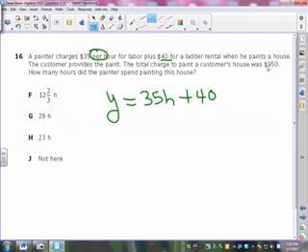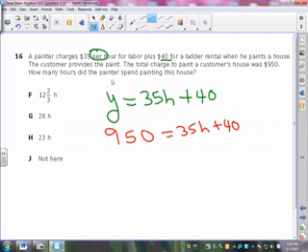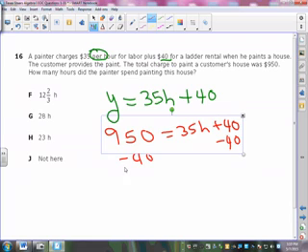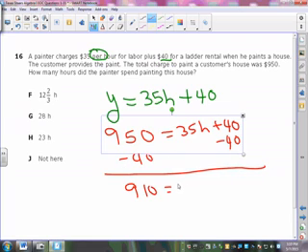The total charge to paint this house was $950. The question is, how many hours did the painter spend painting? We'll subtract 40 from both sides. That's 910 equal to 35h.